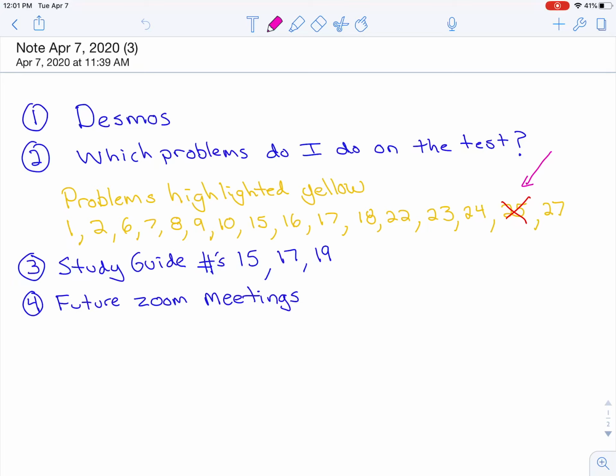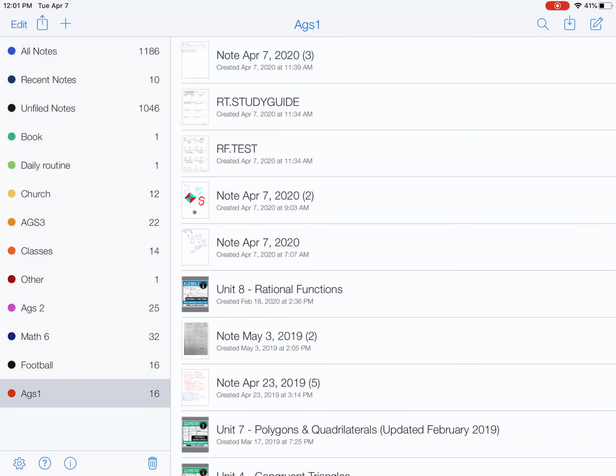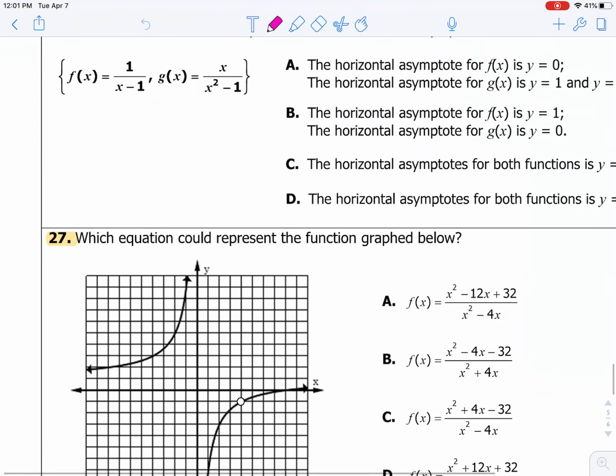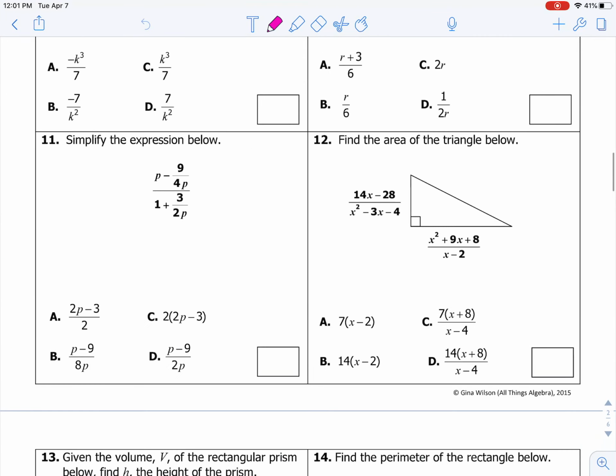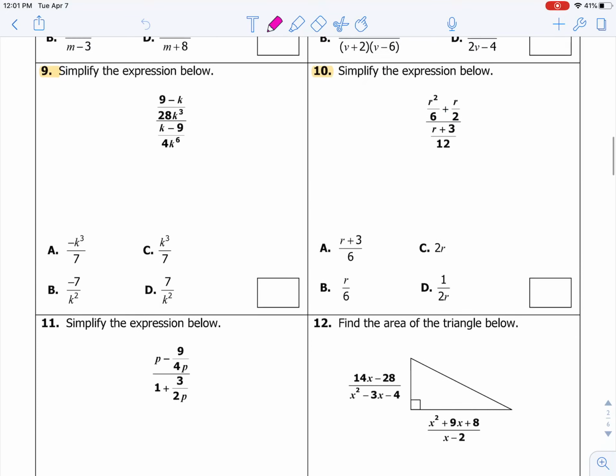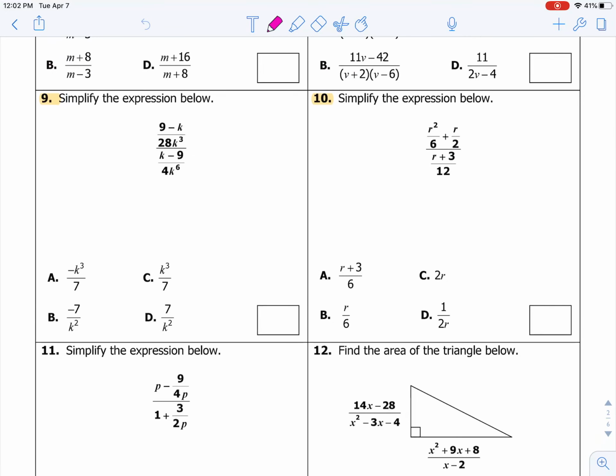And then let's go start to get into those study guide problems 15 through 19. But maybe before I do that, I do want to show you on the real test, when you look at the corresponding problems of the ones on the study guide, they are quite a bit easier. So these are the ones that I'm about to do, right?